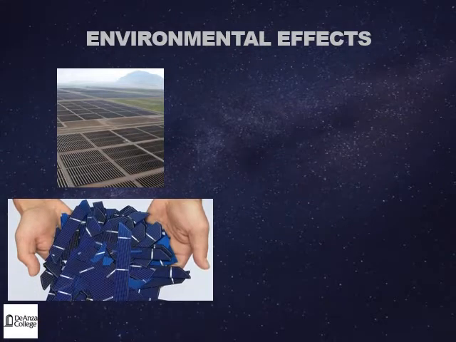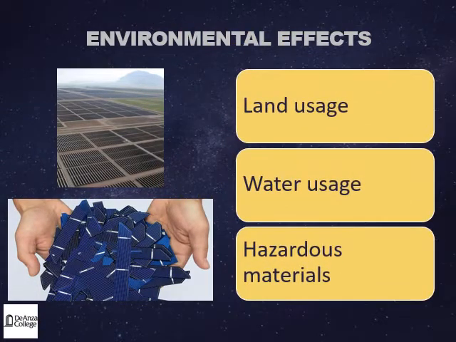And besides, there's water usage. Solar PV cells do not use water for generating electricity. However, as in all manufacturing processes, some water is used to manufacture solar PV components. Concentrating solar thermal plants, like all thermoelectric plants, require water for cooling.